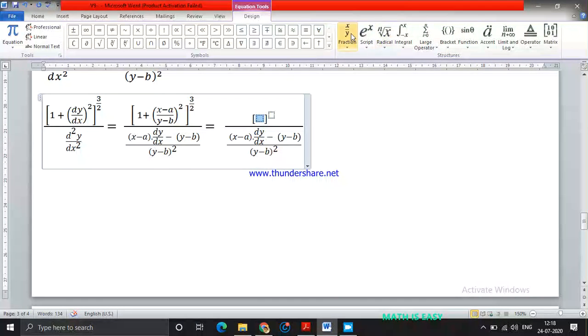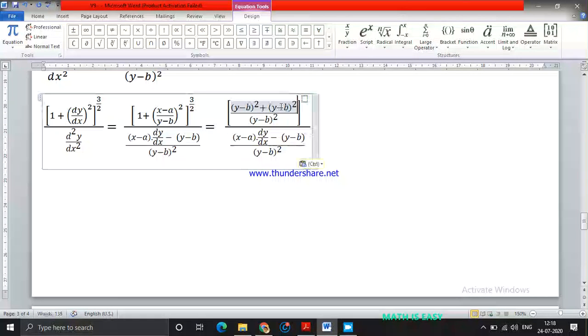If I take the LCM, I need a fraction. So your LCM is going to be y minus b whole square. So in the numerator you are going to get y minus b whole square plus x minus a whole square, and here you still have 3 by 2.